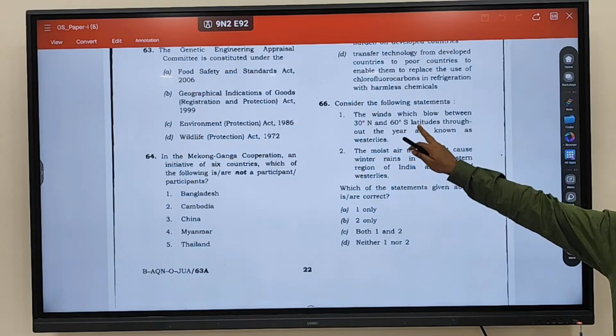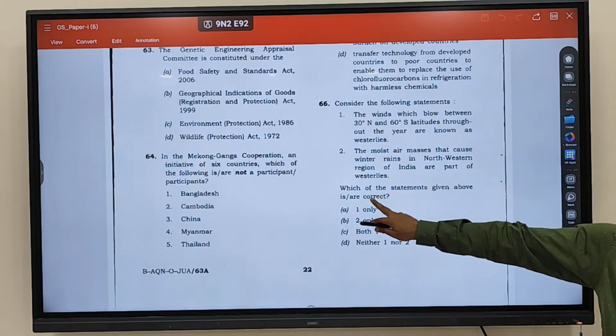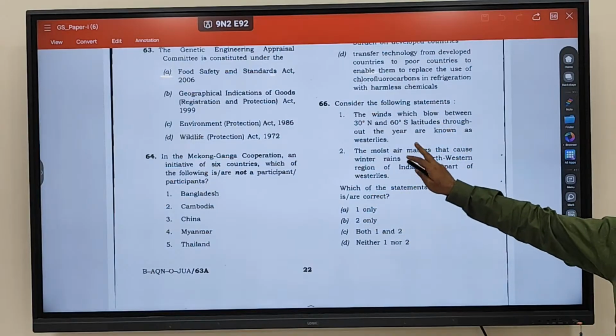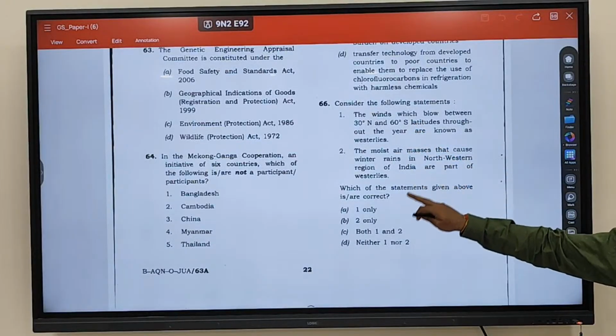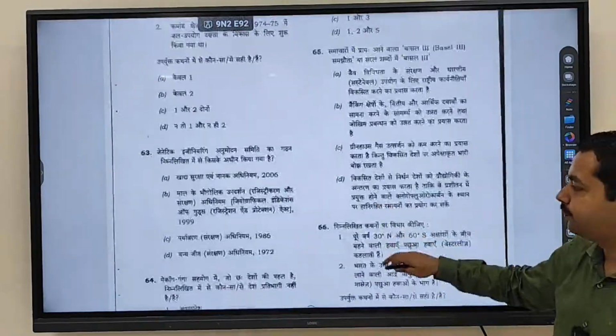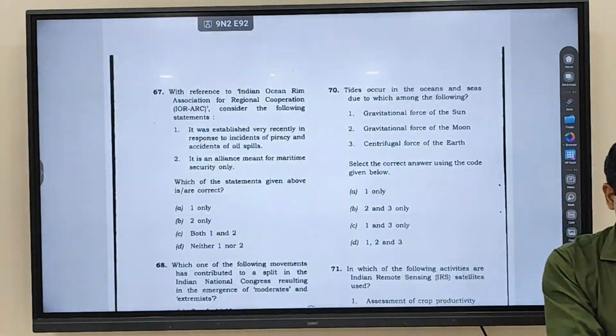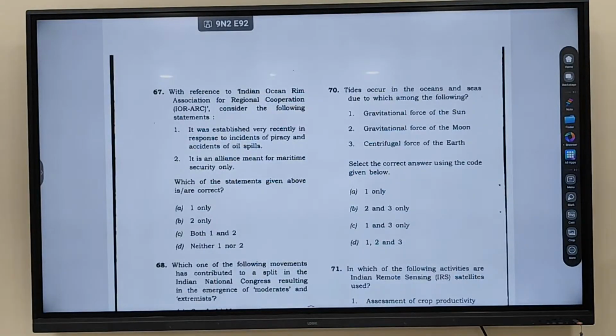So first is incorrect, so you'll mark one only if the question is asking which of the following are incorrect. If the question is asking which of the following is correct, since first is a wrong statement, only second is correct, so you have to find two only. Then the statement will come that only one is correct, only two is correct, only three is correct.